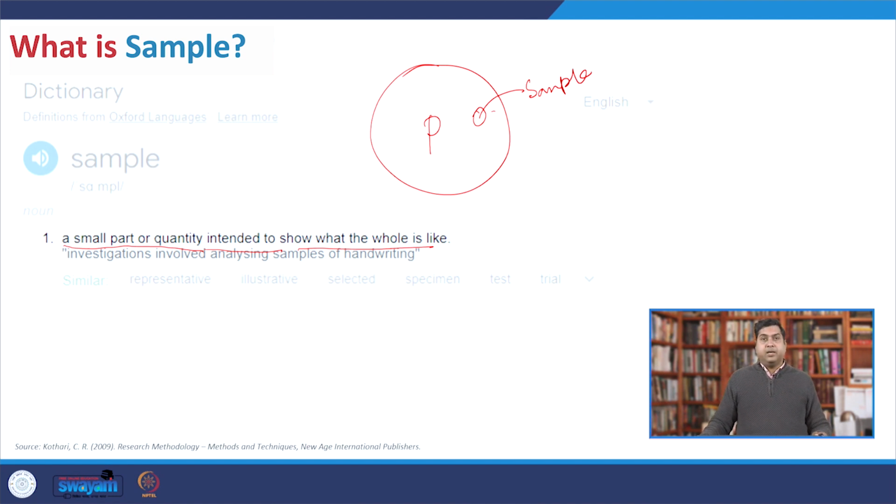Now another example that I have quoted earlier: suppose you want to understand whether the apples in a box are in good condition or not. One option is that you check all the apples, maybe there are 100 or 200 apples, and you check them one by one. Or else you randomly check one from one box and one from another box.